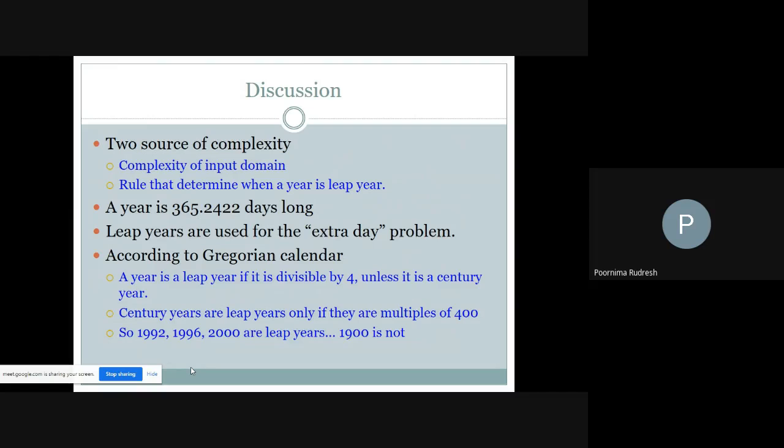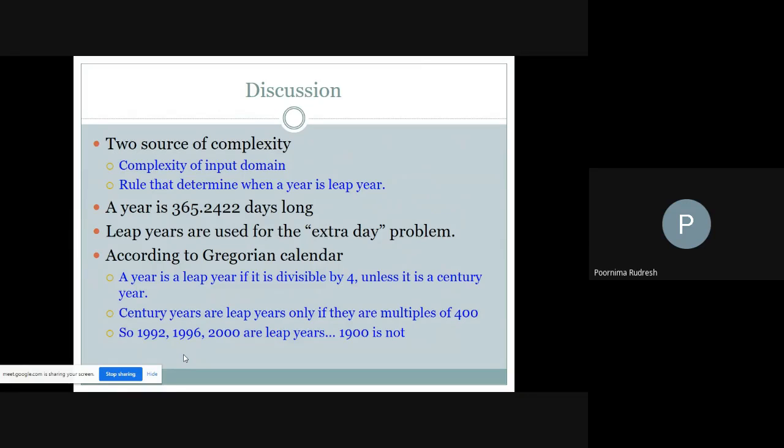So for the leap year, if the year is divisible by 4, then we say that it is a leap year. And for the century leap years, if the century years are multiples of 400, then we say that it is a century leap year. That's why we consider 1900: even though it is divisible by 4, it is not a leap year. Why?